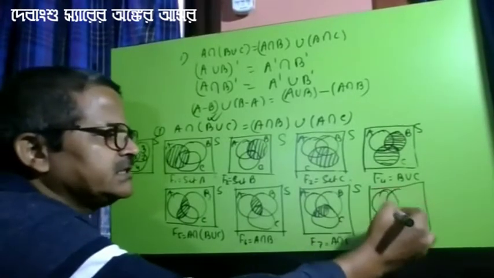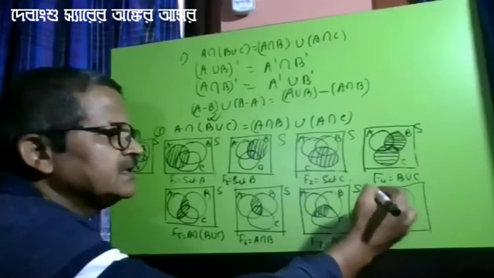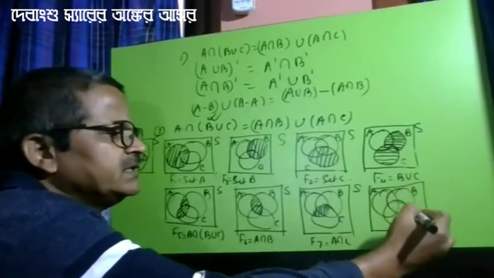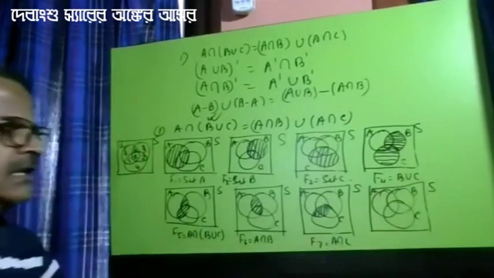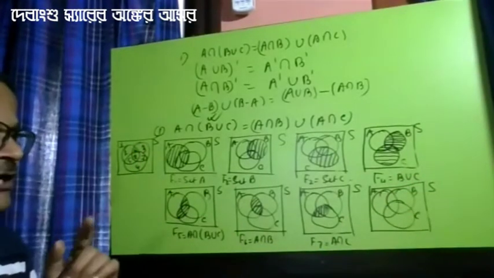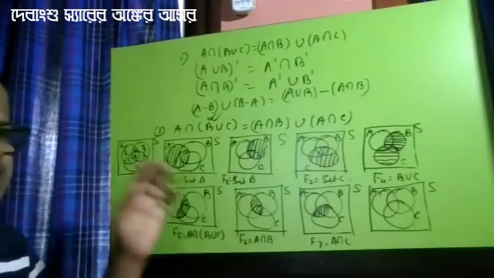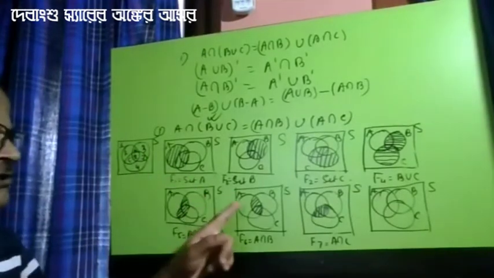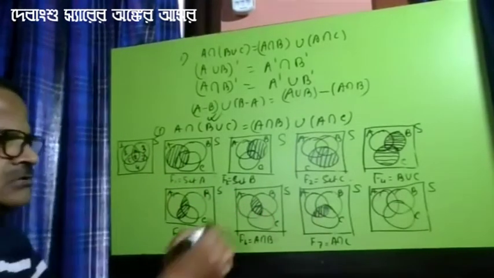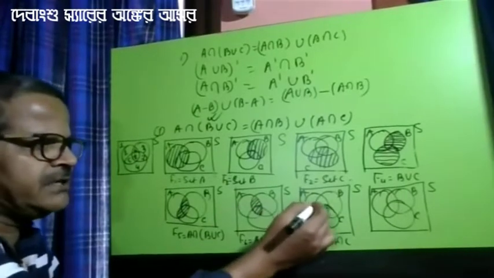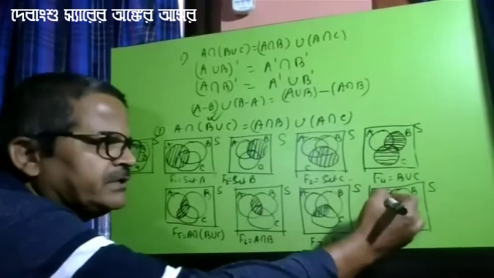Now this is A, this is B, this is C, S. Now I have to take the union of these two. Union means the portion which belongs to either of the sets. Now see, this portion belongs to this set but not in this, but still it will be in the union.